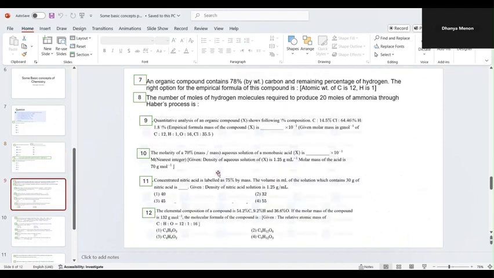Coming to the next set of questions, question number 7. If you see question number 7, they have asked you for the empirical formula. They have given you some percentages. An organic compound contains 78% of carbon and the remaining percentage is hydrogen.